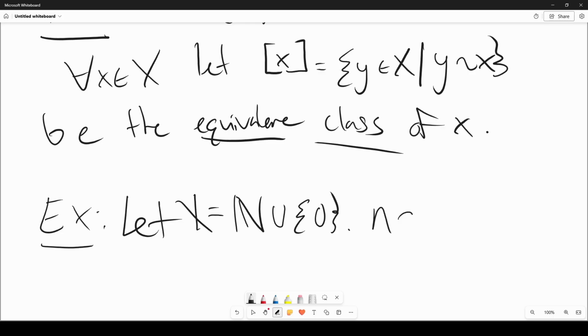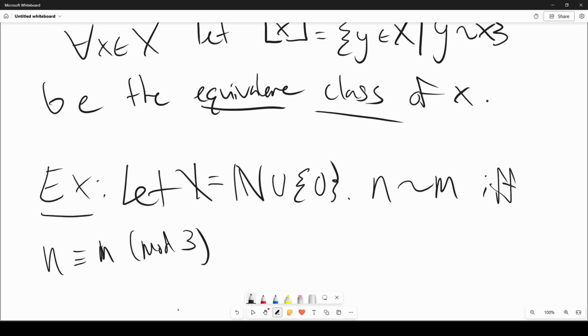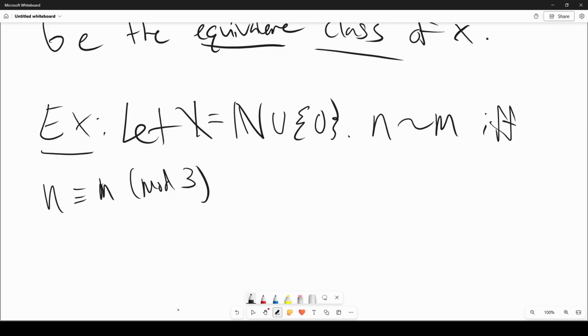I'm going to say n is equivalent to m if and only if n equals m mod 3. And if you don't know what mod is, it's basically the remainder when you divide by 3. So 16 mod 3 is 1 because you get 15, which is less than 16, and then you have 1 extra. And 6 mod 3 is 0 because 6 is divisible by 3.